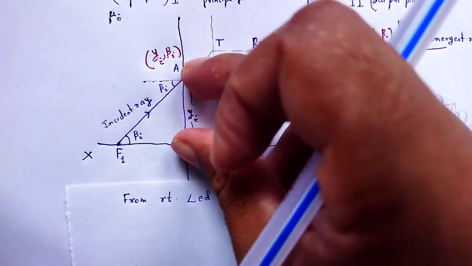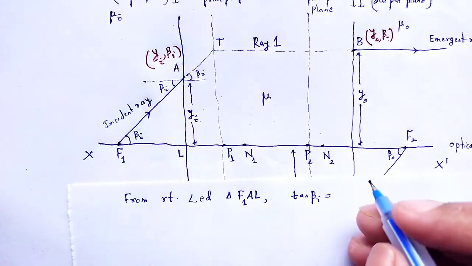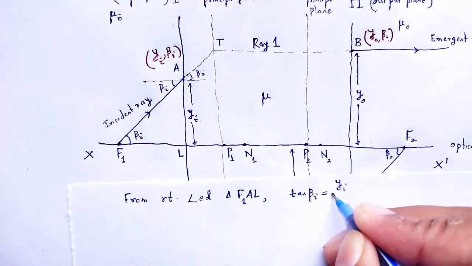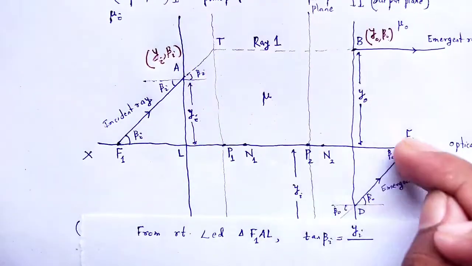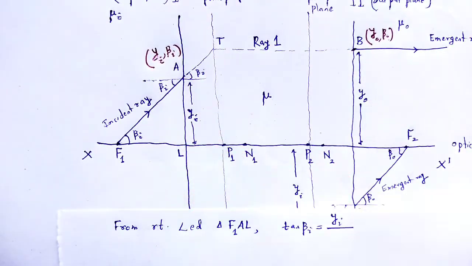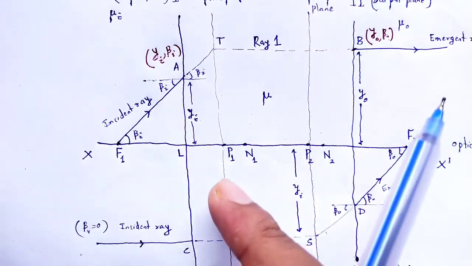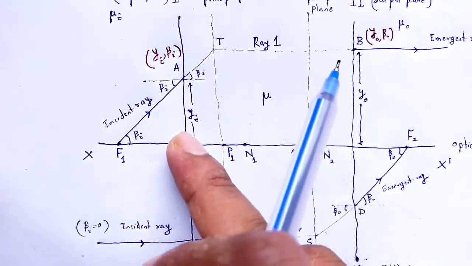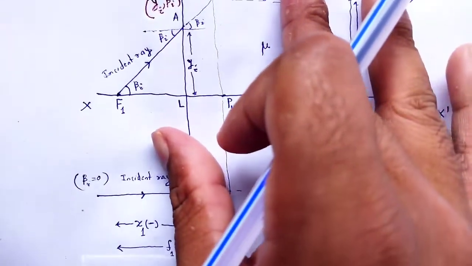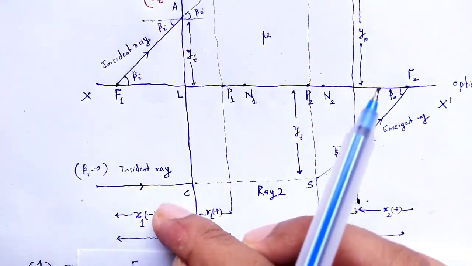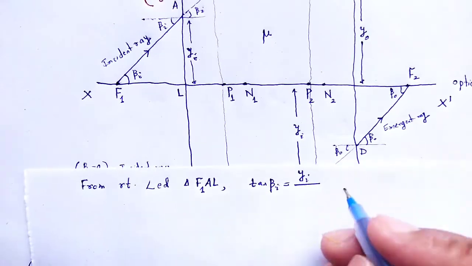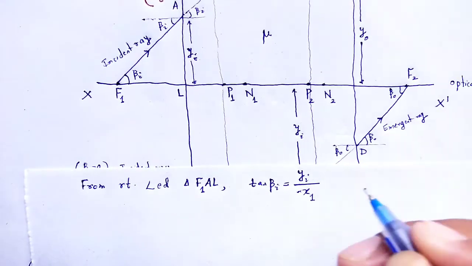So perpendicular is yi, treated as positive, above the optical axis. Then F1L, from the input plane to the focus against the incident ray, so the distance is negative, that is minus x1.